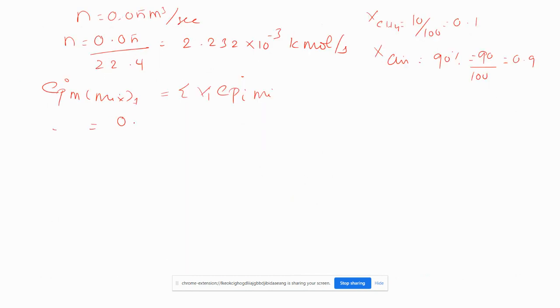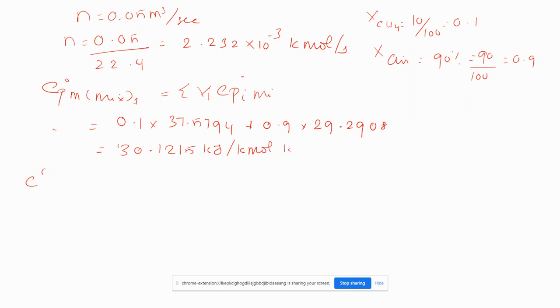The answer you will get is 30.1215 kilojoules per kilomole Kelvin.